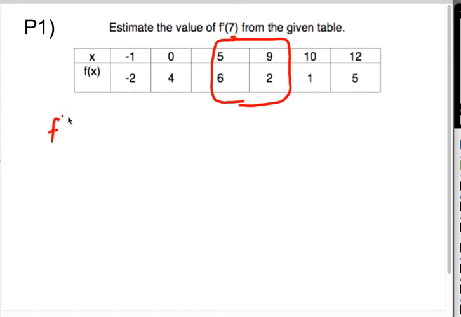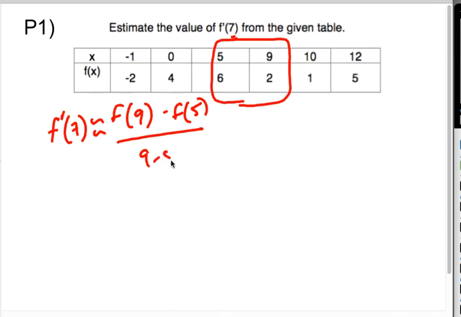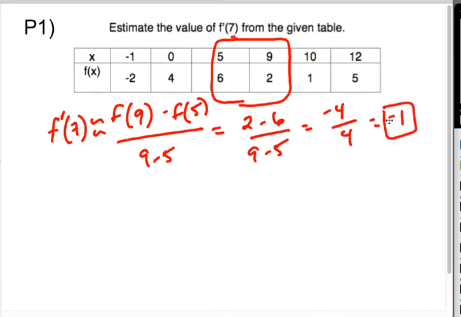So my f prime of 7 should be approximately f of 9 minus f of 5 over 9 minus 5, right? And I would suggest that you show this step just to make it clear that that's what you're doing. Presumably an AP reader would be able to pick up on what would happen if you just plugged the numbers in, right? So you're going to get a -4 on top of a 4, or a slope of -1. So f prime of 7 is approximately a -1.